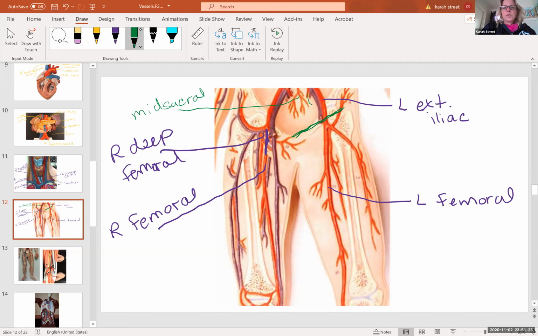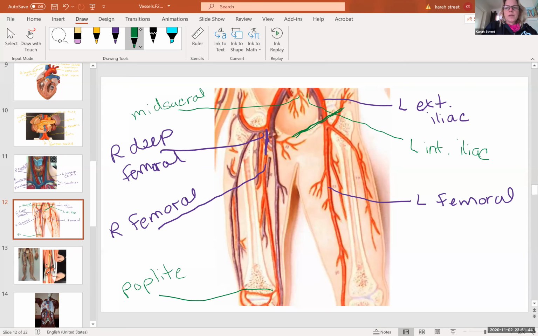And then that little red one inside there would be the left internal iliac. Okay, and then any vessel that you see going towards the knee, you would say it's the popliteal.